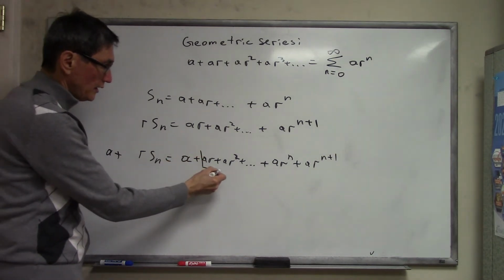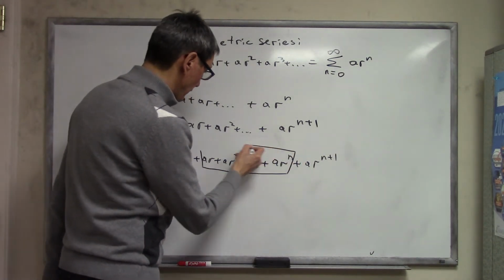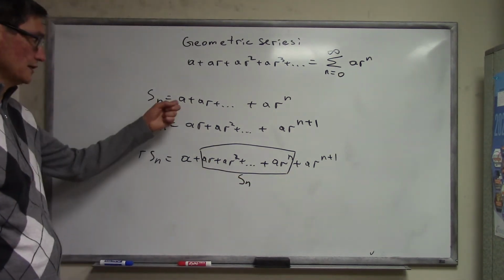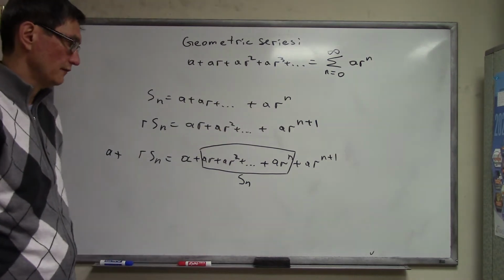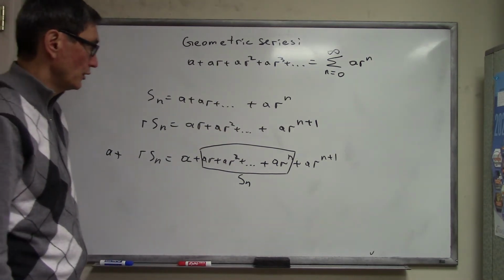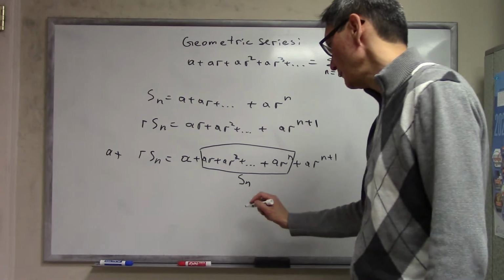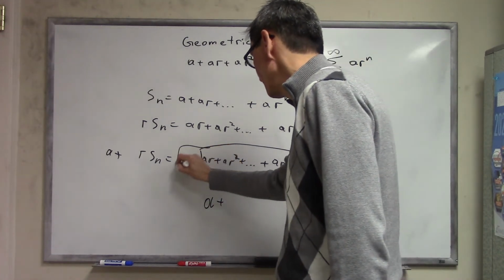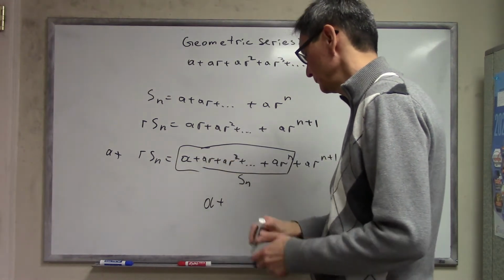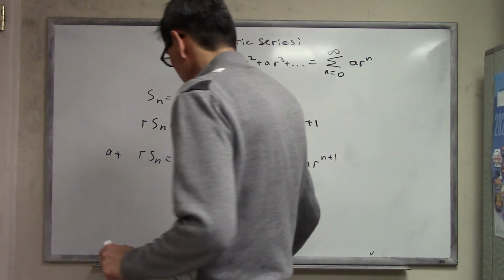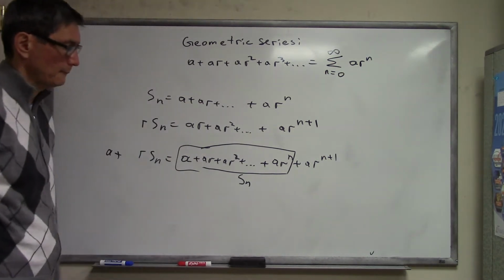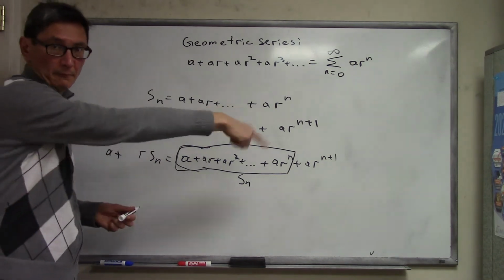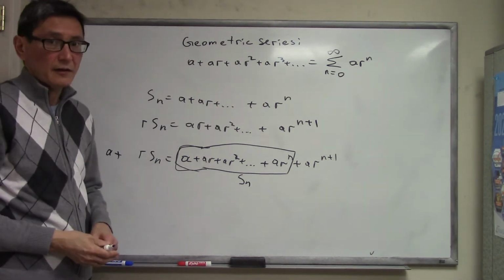Now if you look at what is written here, that is Sn one more time, because Sn is a plus ar plus and so on, the nth partial sum. So that expression in the rectangle is the nth partial sum.